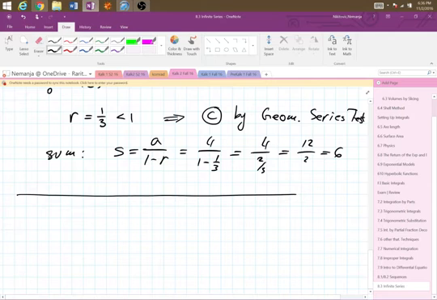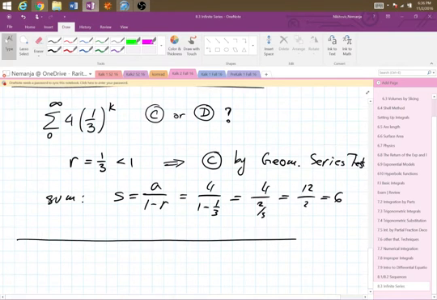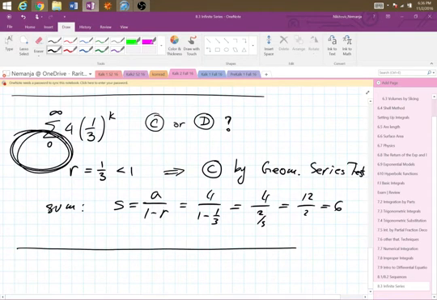You will technically reset that back to 0, and then you will be able to find the appropriate sum. If the k is not 0 in the original formula, which means right here, you will still get converges and diverges, but you will get the wrong sum because it's not 0.